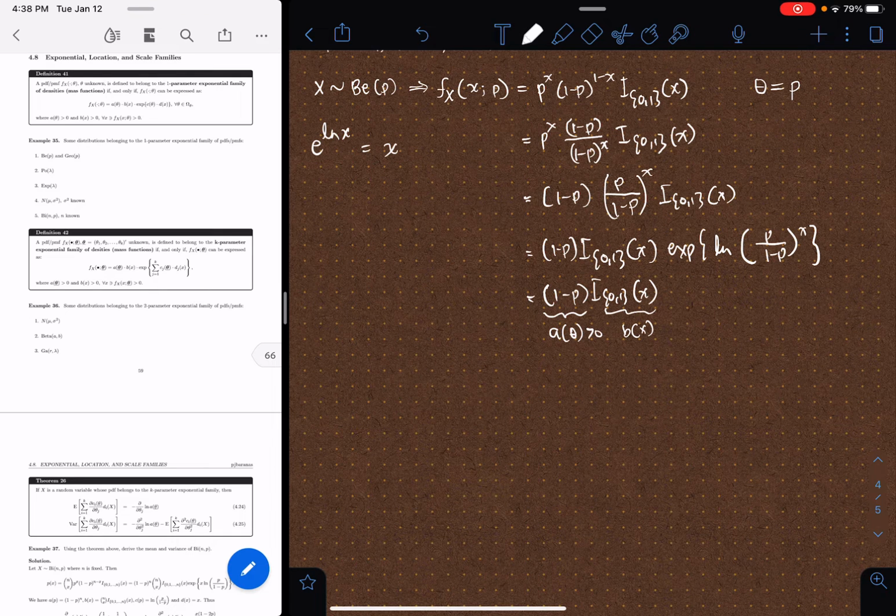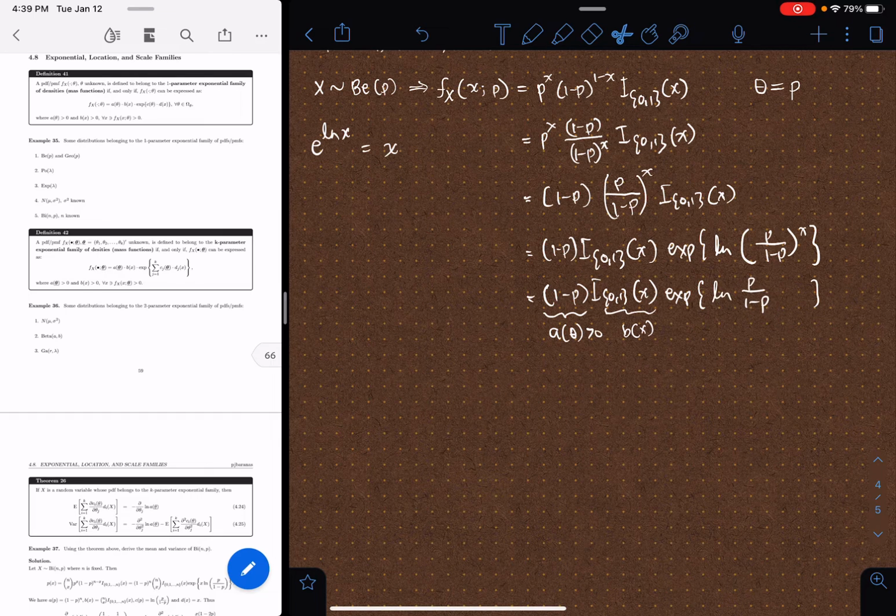And then we have x times ln of p over 1 minus p. So, I'm gonna write first this one.